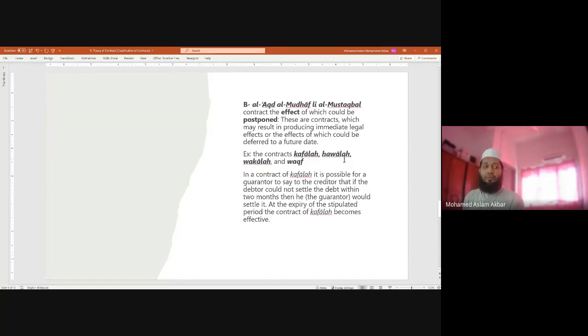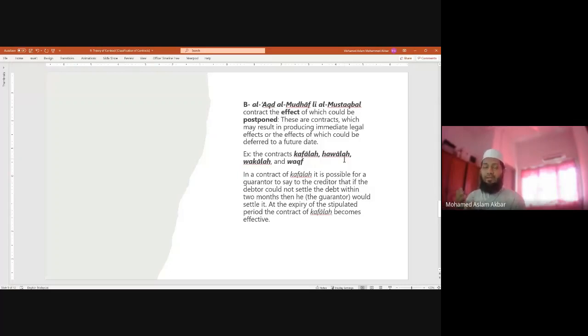Becoming a guarantor. The moment your brother or your uncle comes and signs the contract as a guarantor, of course, the legal effect will start from right now, but it could also be postponed to the time that you miss the payment, which means that the moment you don't pay your monthly installment, then your brother or your uncle has to pay the money to the bank.